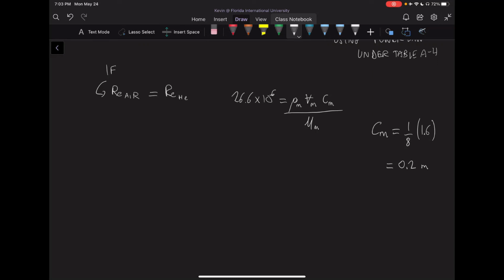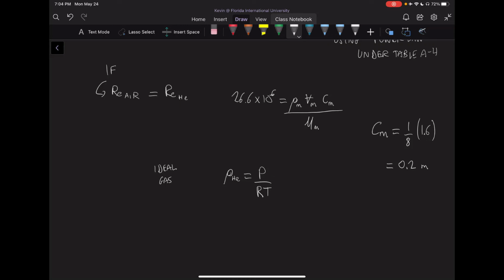Now, for the density of helium, we don't really have it from the tables, so we can say density of helium is equal to pressure over R times T from ideal gas. So we're not given the density of helium in the table, so we can find it from ideal gas.